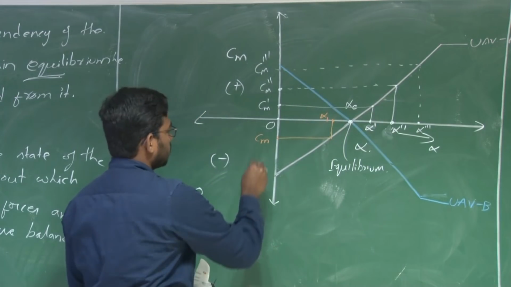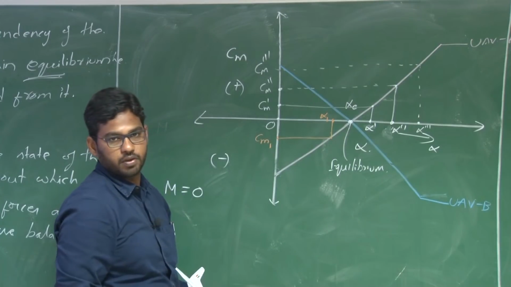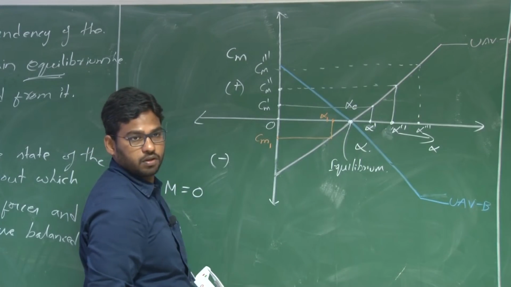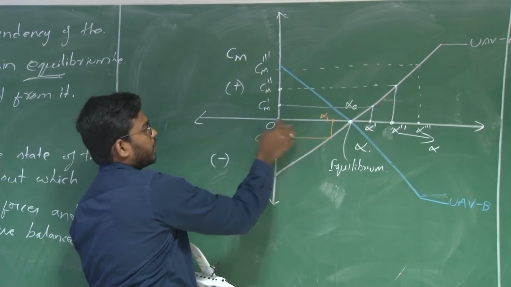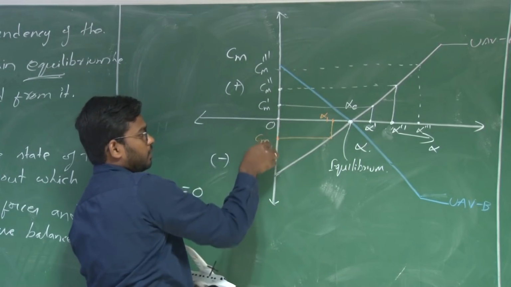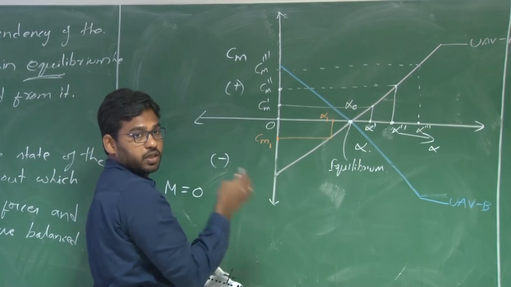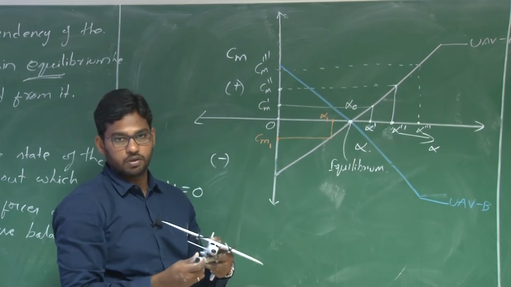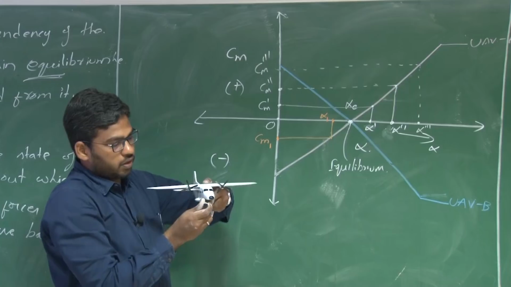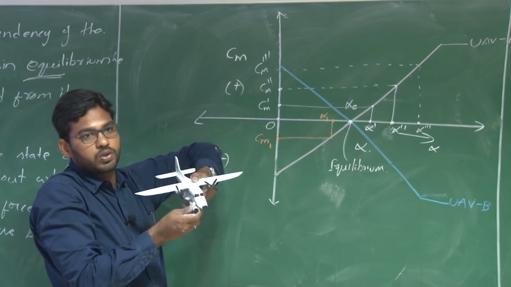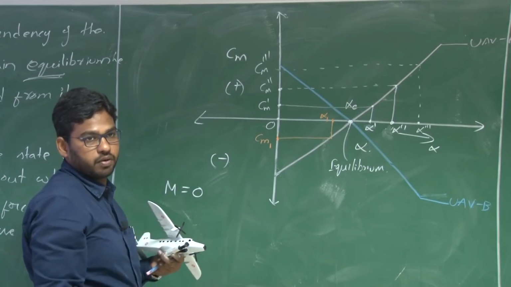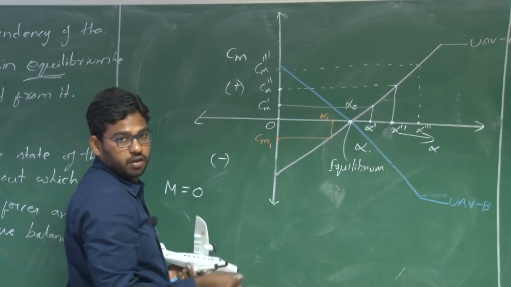So this results in a Cm prime in the subscript. Now, which means your pitching moment is negative here, right. There is a negative pitching moment which is a nose down. That means this will further decrease the angle of attack. The aircraft will nose down automatically, which eventually results in a further reduction in angle of attack.